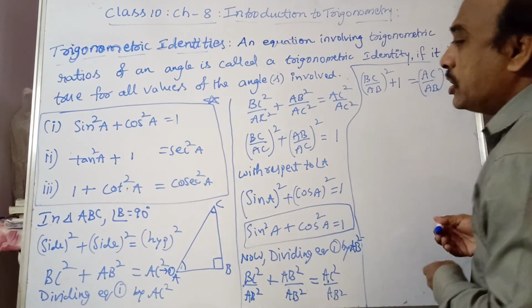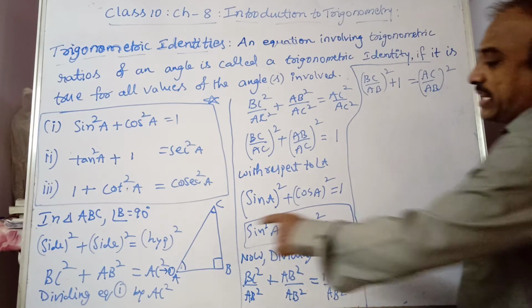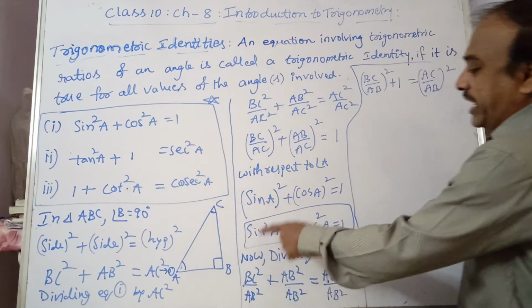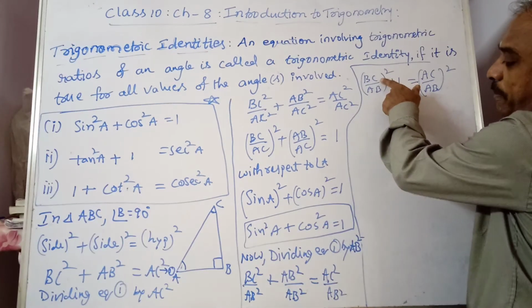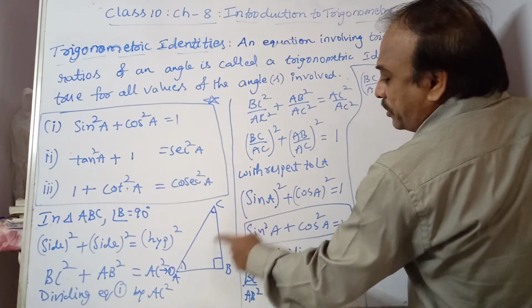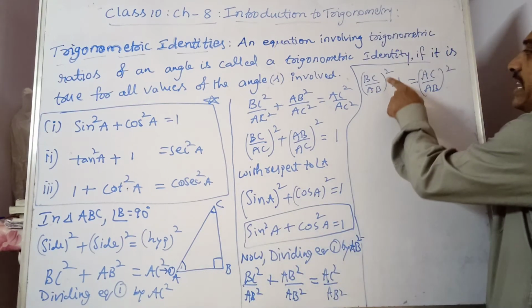AB whole square. So with respect to A, observe it, BC is the opposite side and AB is the adjacent side.